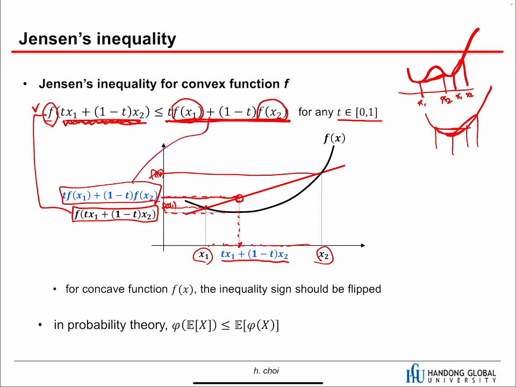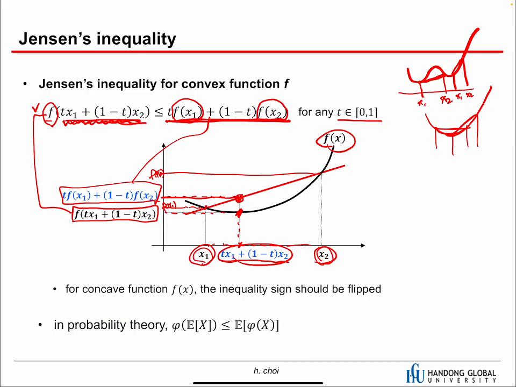So this inequality says quite a simple concept. If the function f of x is convex, then no matter where you pick x1 and x2, the actual function value of this weighted sum is always lower than the weighted sum of two function values.